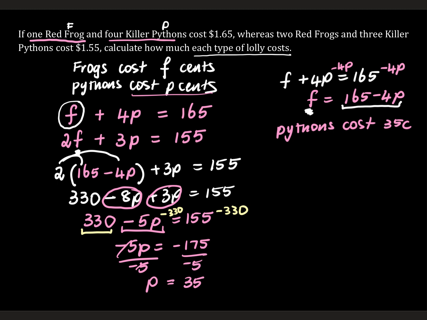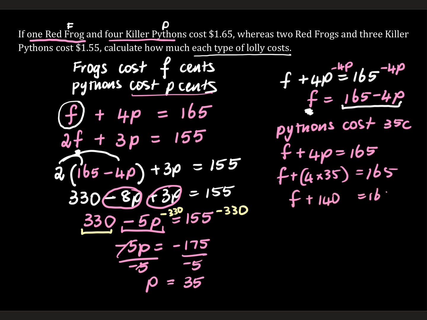Now what about frogs? Well, I've got frog plus 4P equals 165. Frogs plus 4 lots of 35 equals 165. 4 lots of 35 is 140. Take away 140 from both sides.